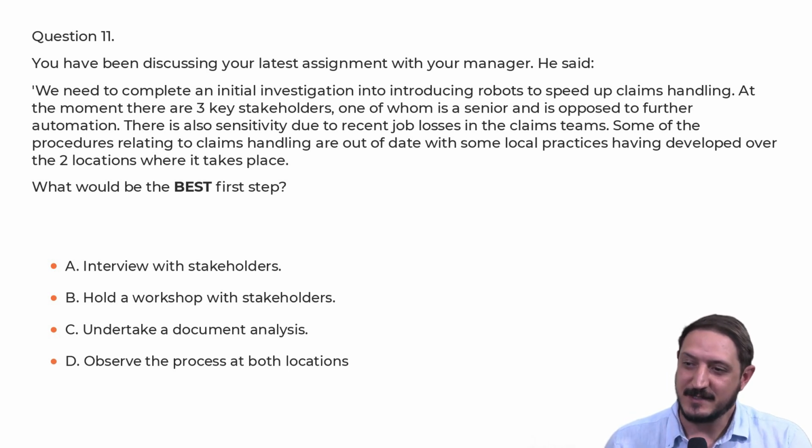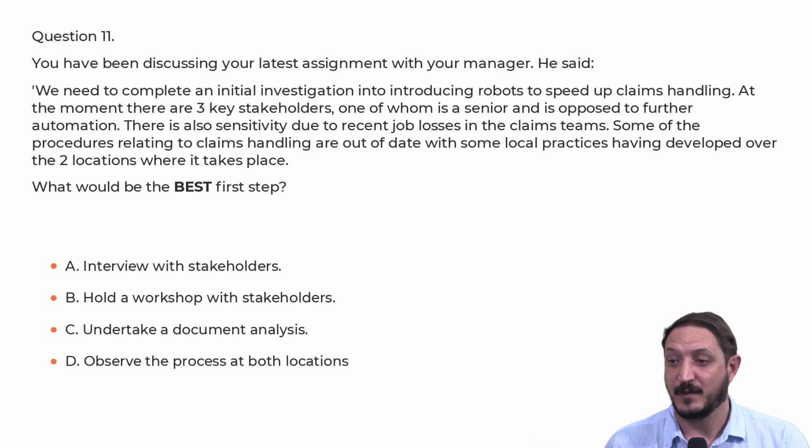It says here, you have been discussing your latest assignment with your manager. He said, we need to complete an initial investigation into introducing robots to speed up claims handling. At the moment, there are 3 key stakeholders, one of whom is senior and opposed to further automation.